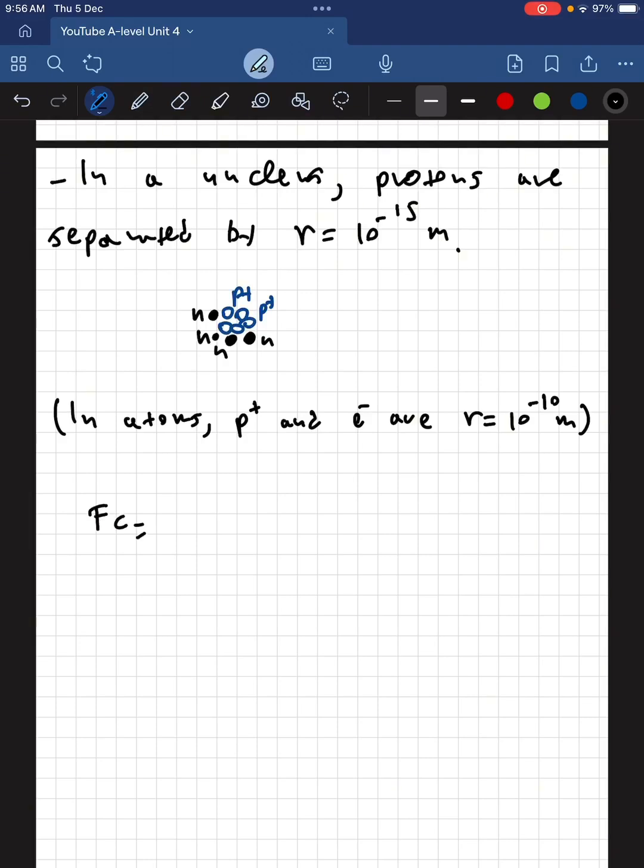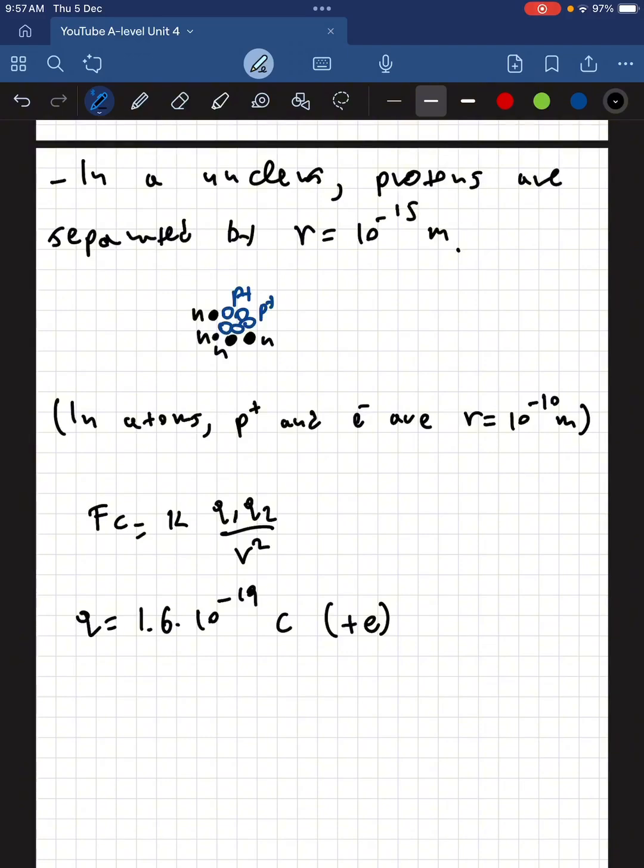So F Coulomb is K Q1 Q2 over r squared. And Q is 1.6 times 10 to the negative 19 coulombs. That's the charge of one electron, or here we write positive because protons have positive charge.